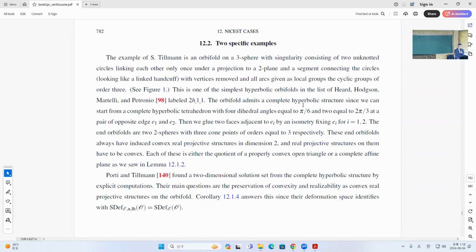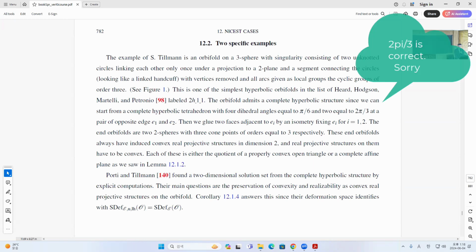They have a computer program to do it, and so this 2H11 starts from some complete hyperbolic tetrahedron with four dihedral angles equal to pi over 6 and two equal to pi over 3. Maybe it's pi over 3. Sorry, it should be pi over 3. And the opposite pair, a pair of opposite edges.